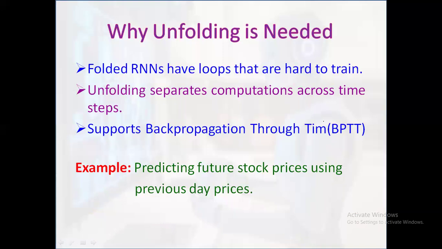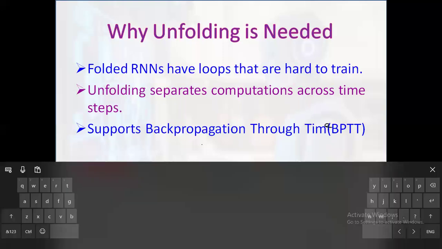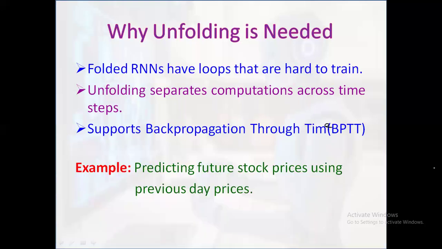Backpropagation through time means it requires the network to be unfolded so that errors can be propagated backward through each time step. This ensures that weight updates account for the temporal dependence present in the sequence.